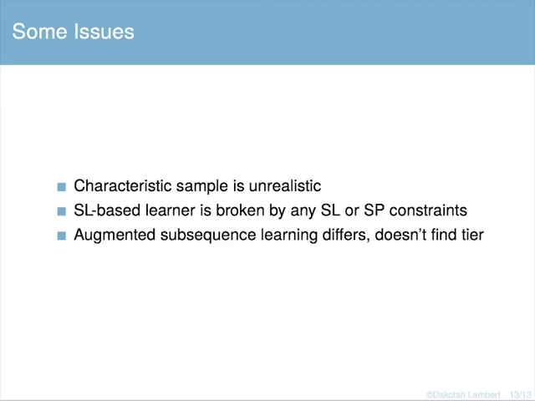They're salient for the pattern as a whole, but not for the specific tier-based strictly local constraint you might be trying to learn. The augmented subsequence-based learning differs.